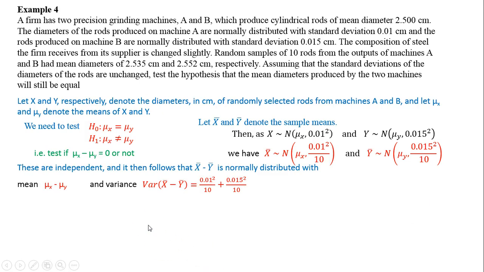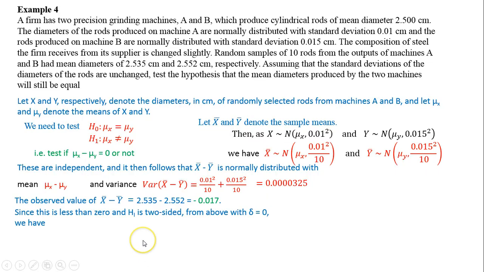These are independent, so it follows that the combination will be normally distributed with mean the difference in means, and the variance will be the sum of the two respective variances, as we're squaring the coefficient, and that becomes 0.0000325.